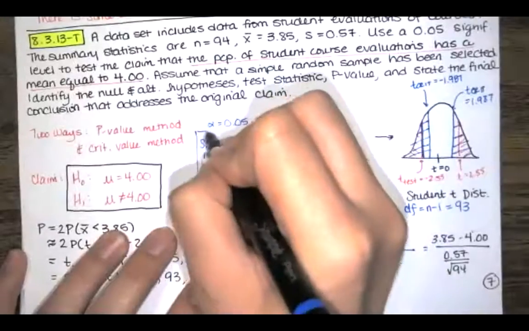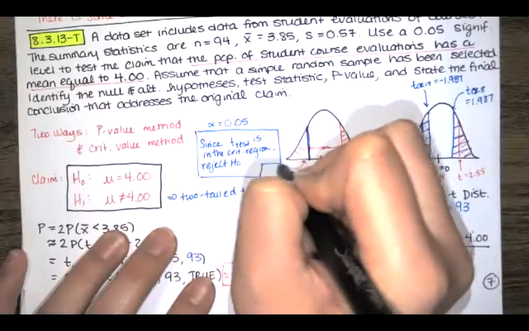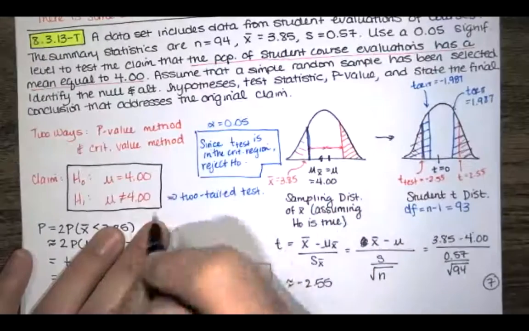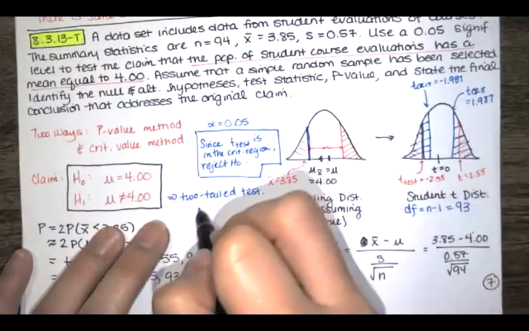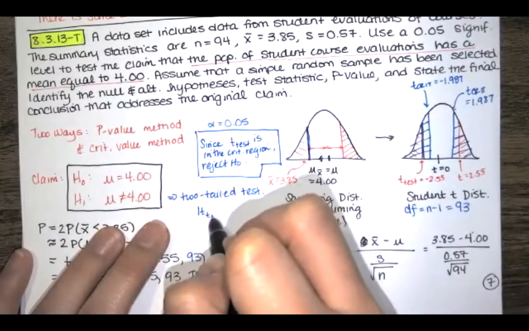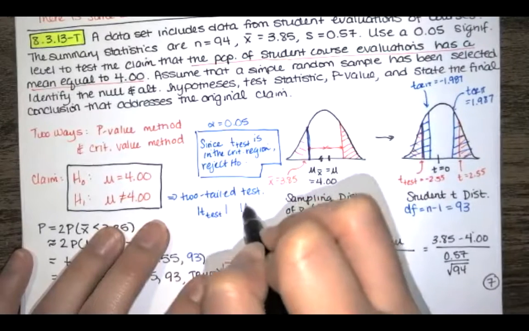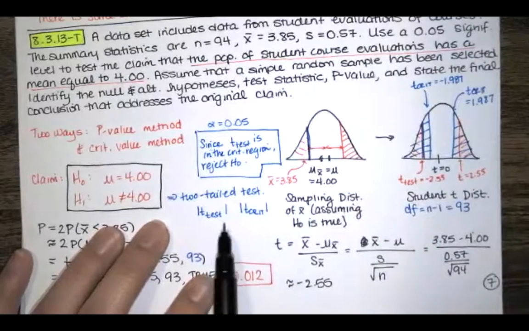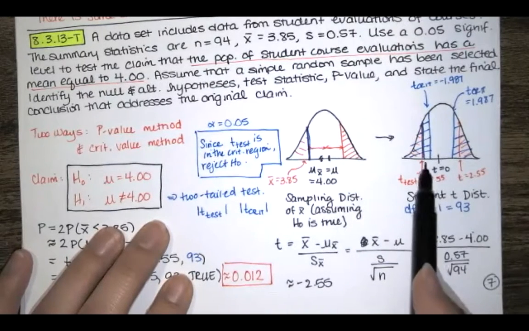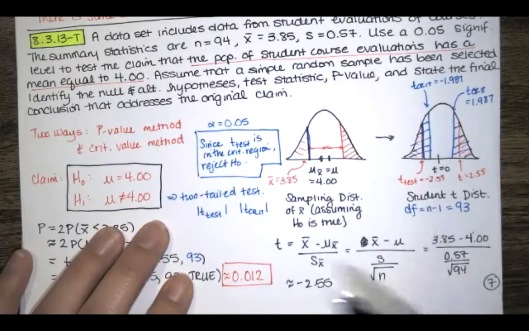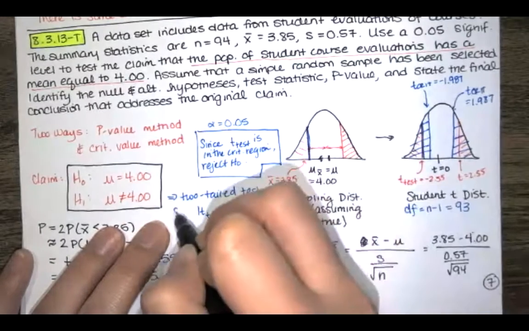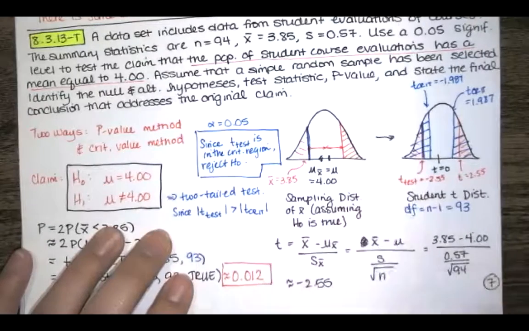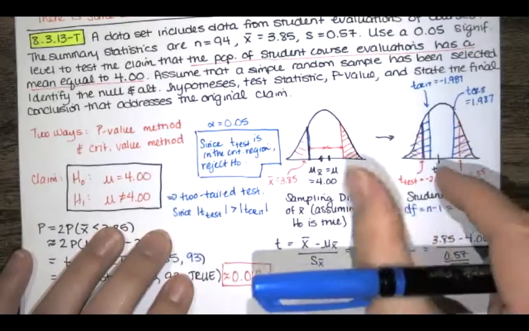Now, another way of saying that is to say this. Let's compare the absolute value of our test statistic to the absolute value of that critical value. Well, since the absolute value of the test statistic is greater than the absolute value of the critical value, that means that test statistic is farther out in the tails than the critical values are.